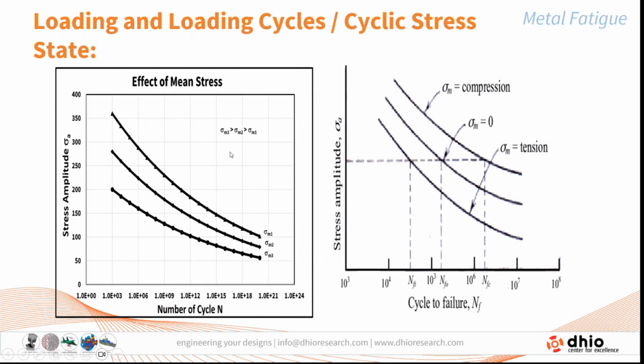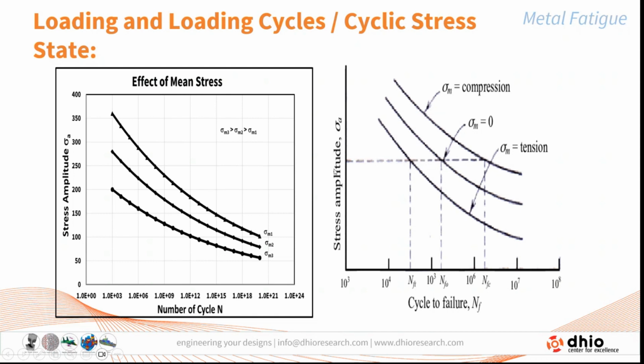And again, regarding the type of loading, one can see that if the mean stress is tensile in nature, the stress amplitude versus the number of cycles is going to be very low. If the mean stress is 0, it is intermediate, whereas when the mean stress is compressive, it has an advantage.